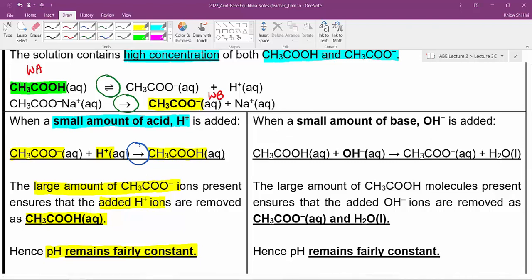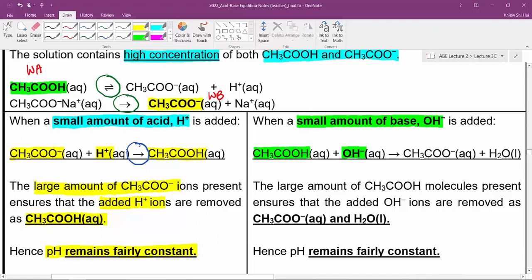Next, we will look at what happens when we add a small amount of base. When a small amount of base is added to the buffer solution, between the weak acid CH3COOH and the weak base CH3COO-, the weak acid is the one that has to react and remove the OH-.